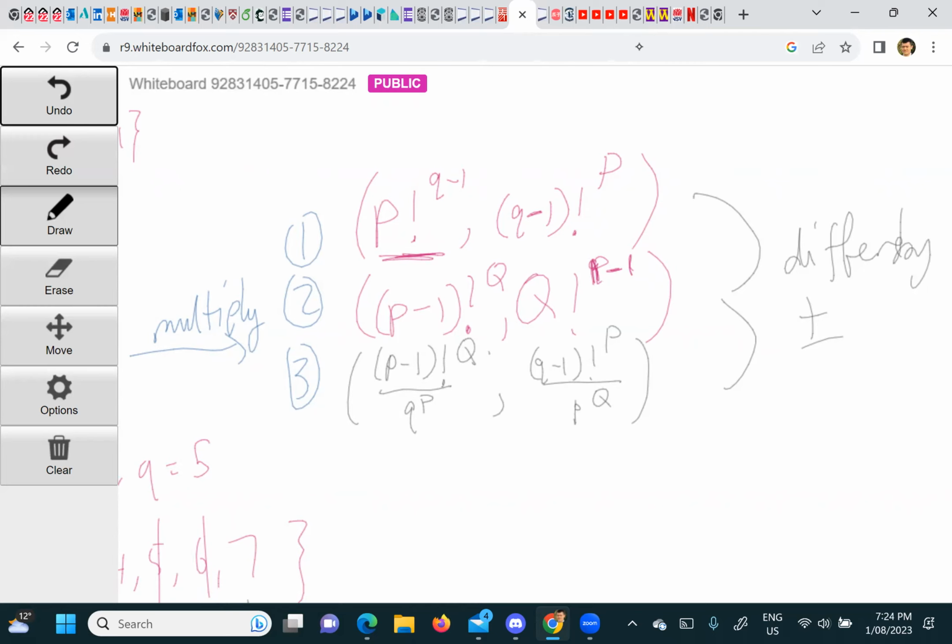Okay, so they differ by a sign. If we know the signs, we get some pretty useful information: two equations on the left and two equations on the right.